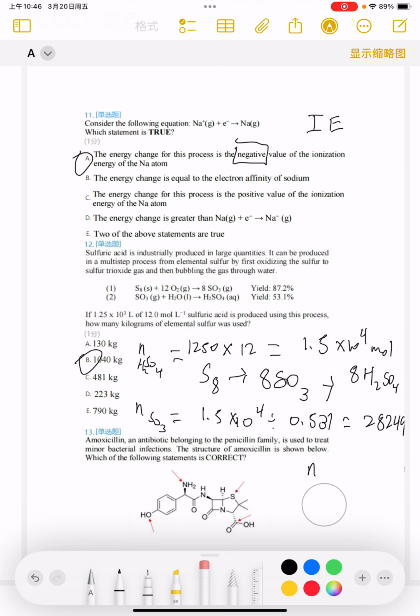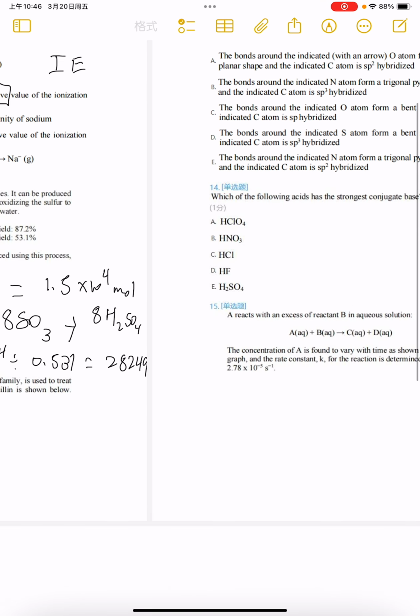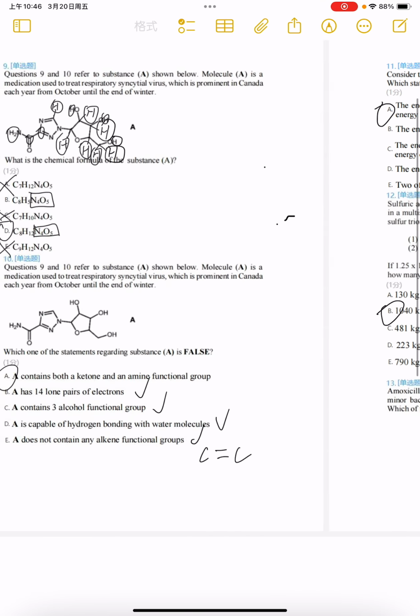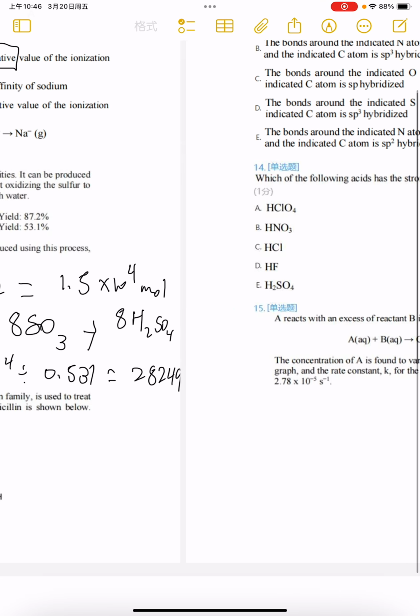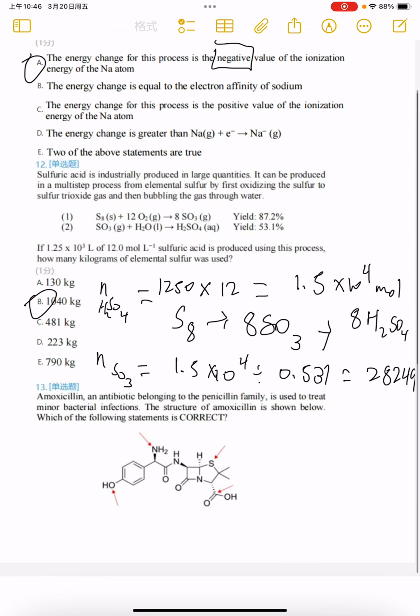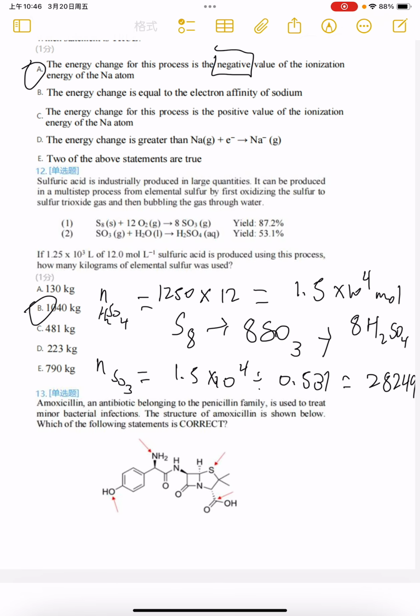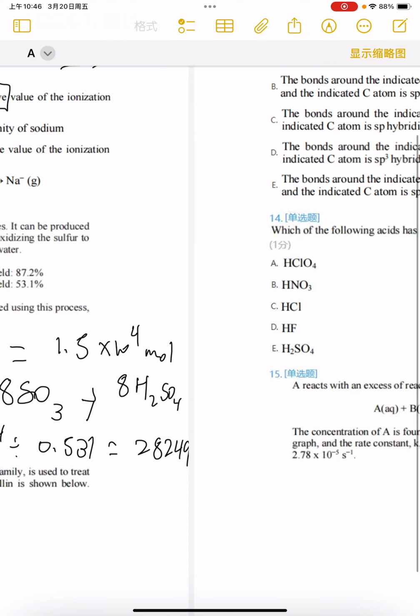Alright, question number 13. They've given us this structure and want us to say which one's correct. Let me see if I can enlarge my screen here. They've given us this structure.